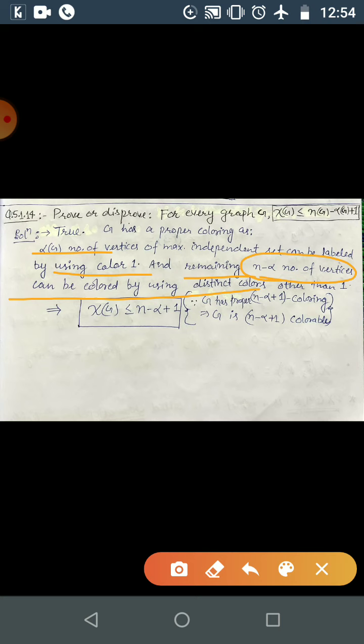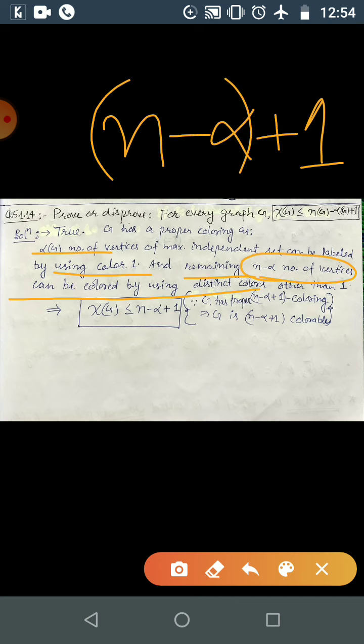So the total number of colors we are using is 1 for the alpha vertices and n minus alpha for the n minus alpha vertices, so n minus alpha plus 1 colors for a proper coloring, correct. So at maximum we can use this much, and we have shown that G is this much colorable.